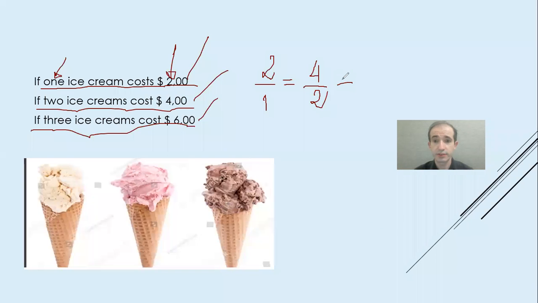And 3 ice creams, you are going to pay $6. Okay? What is the result? Here we have the same result. We have a constant value, 2.